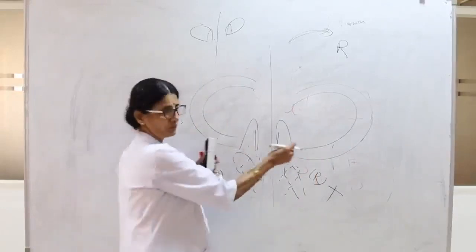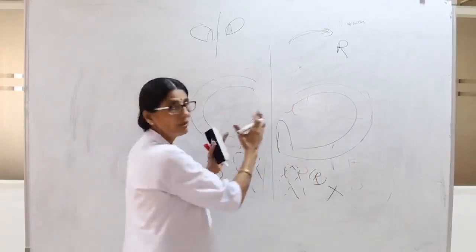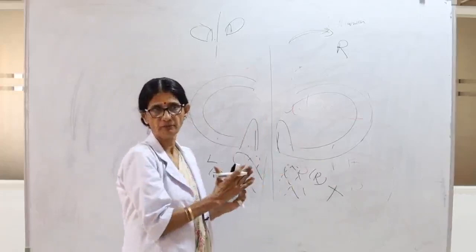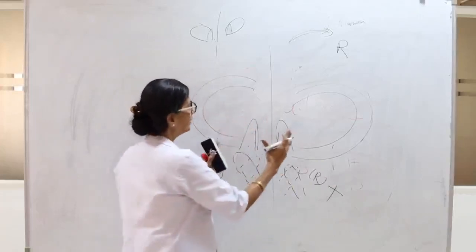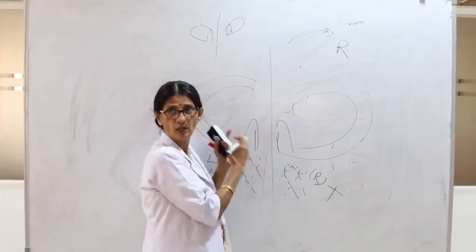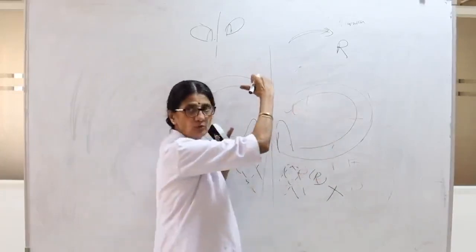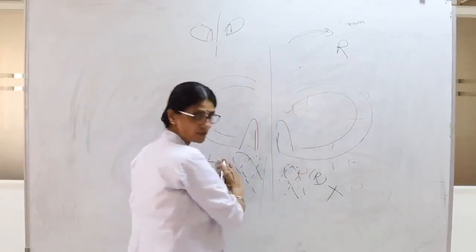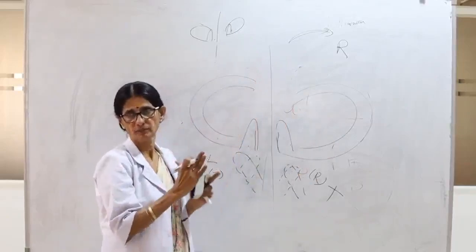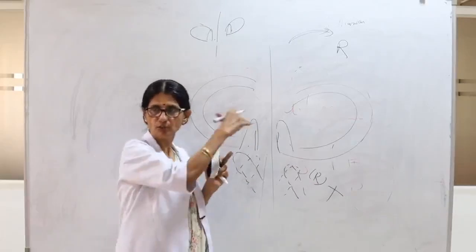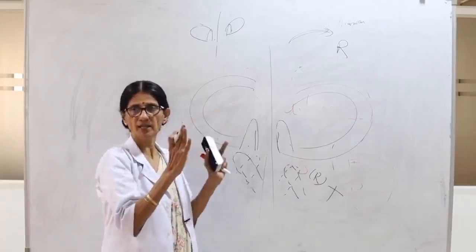But after a few seconds, the momentum will be caught by the endolymph, and as the rotation continues, the inertia will be lost and the endolymph will be in the direction of motion. So the displaced crista will now come back to its original position. And when the rotation is continued, there is nothing happening.